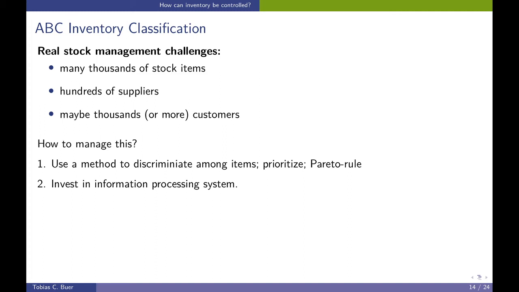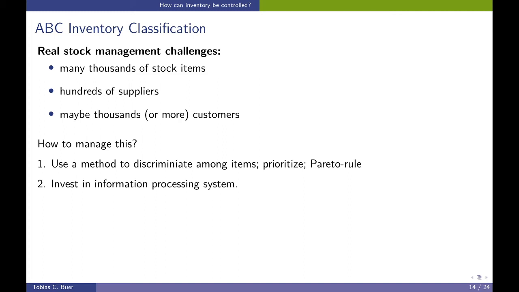Smaller companies maybe don't have hundreds of thousands of items, but they still have a significant number of items in stock. They also have to deal with hundreds of suppliers who provide these items, and maybe a huge amount of customers as well.